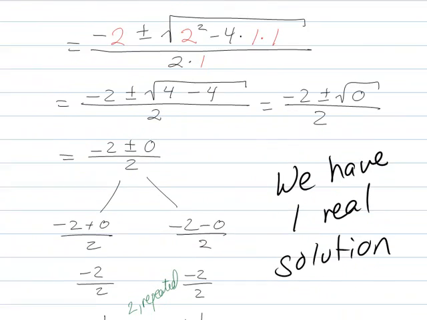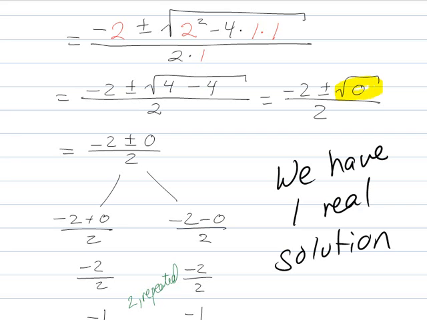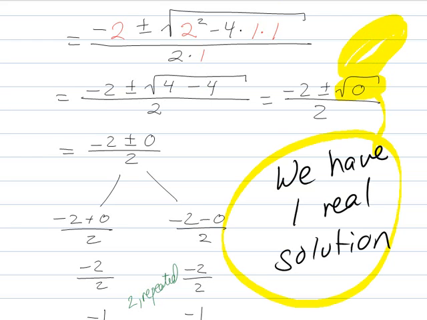Finally, if my discriminant is 0, then I'm going to end up with exactly one real solution, right? Because I'm plus or minusing a 0, so I can't get two of anything. Whatever I get has to be just one of it, and since I'm not taking the square root of a negative number, it has to be real.